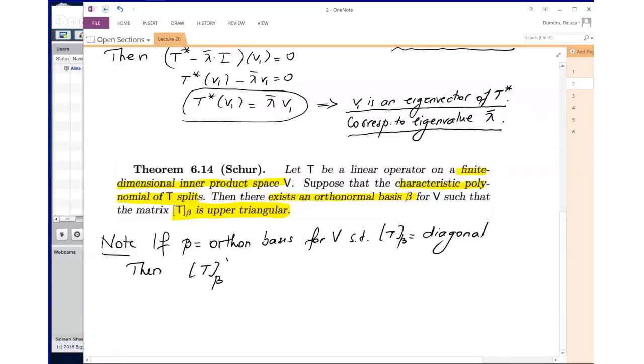All right, so this matrix is diagonal. If I take the adjoint of a diagonal matrix, what happens? Take the transpose, it remains diagonal, right? But just take the complex conjugates on the diagonal, and it is still a diagonal matrix.